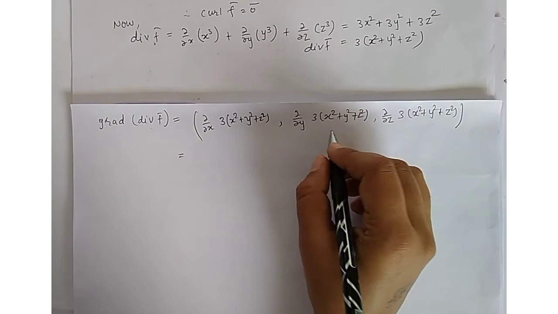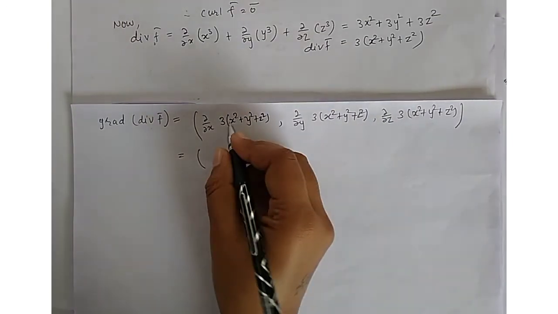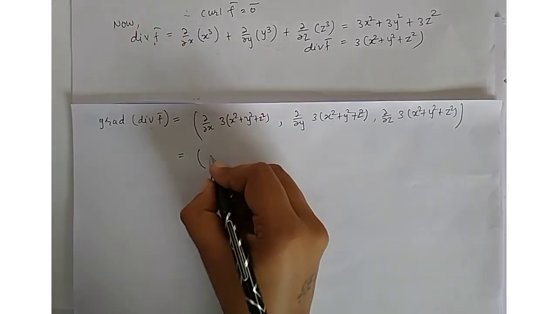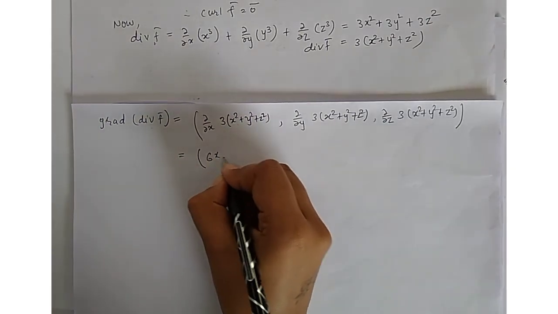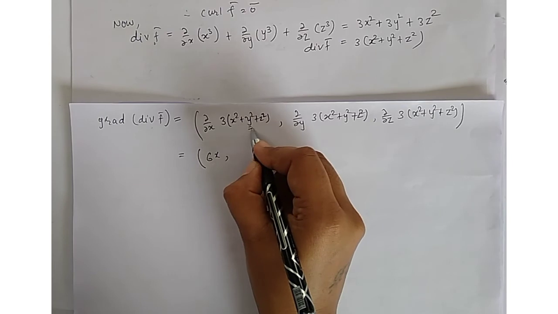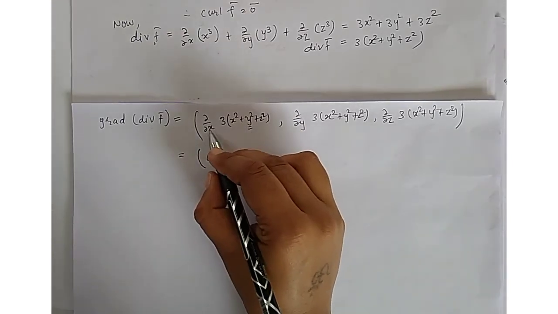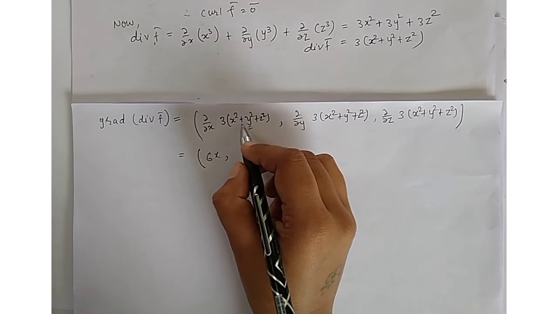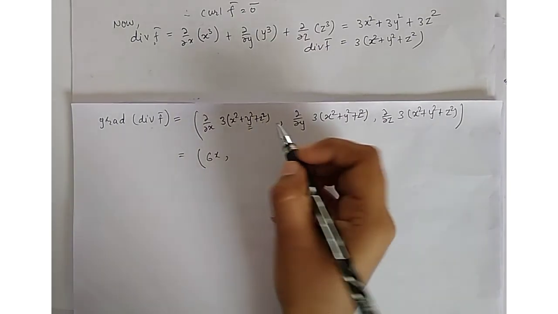So here taking derivative with respect to x will give 6x, and with respect to y, the derivative with respect to x of a function of y is 0, because y is treated as constant. Same for z.